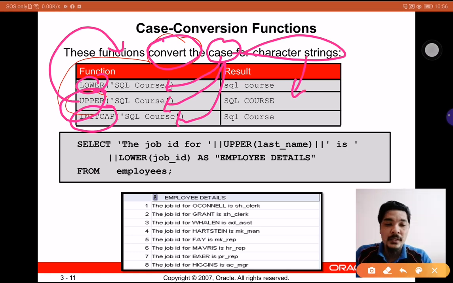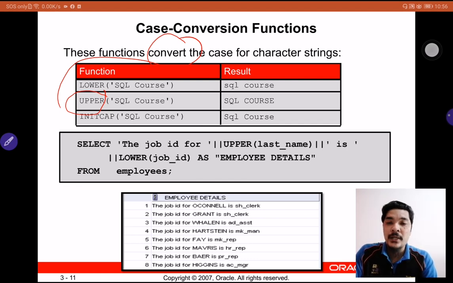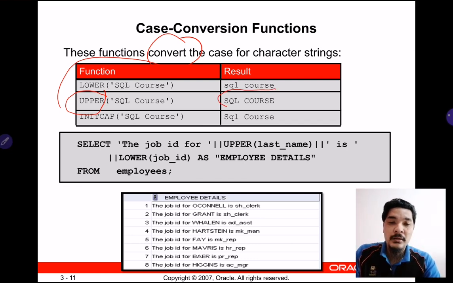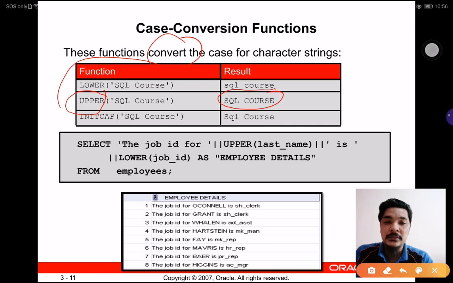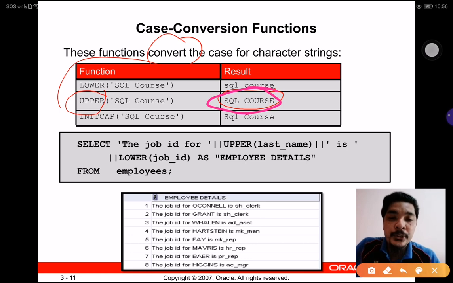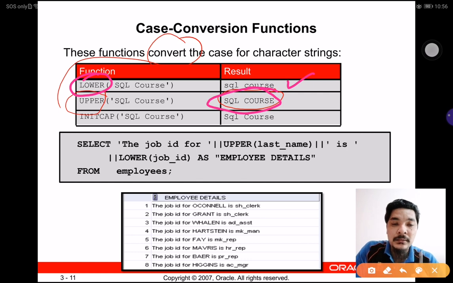If we use UPPER on SQL Course, all the results will be produced in uppercase, SQL COURSE. Compared to the first one, which is LOWER and produces lowercase, the data is still the same. The only difference is the output.